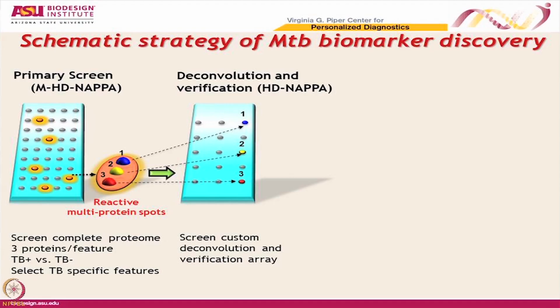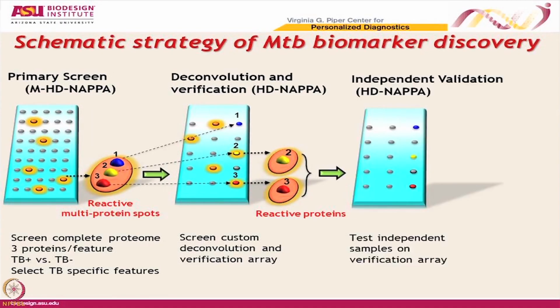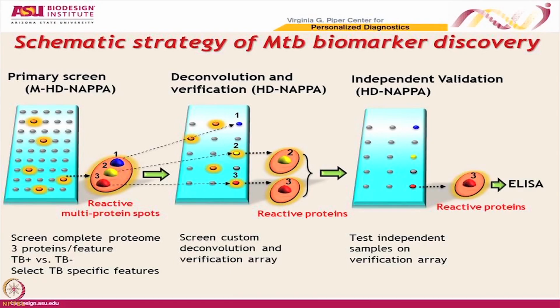We did this separate array, and then from that we got individual proteins that were positive, and then we did a 3rd level of validation by testing different samples on a verification array. And then finally, we took those individual spots to ELISA. So once again, a multi-tiered set of experiments to make sure that whatever hits we observe really makes sense.